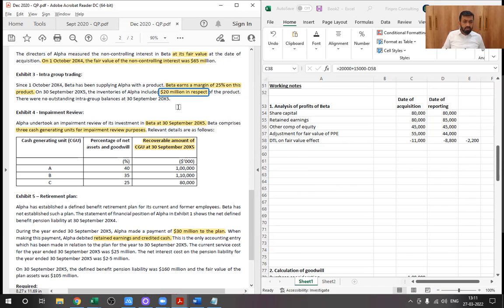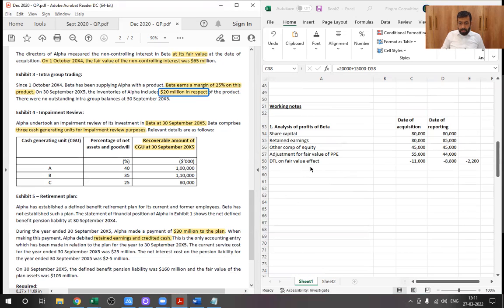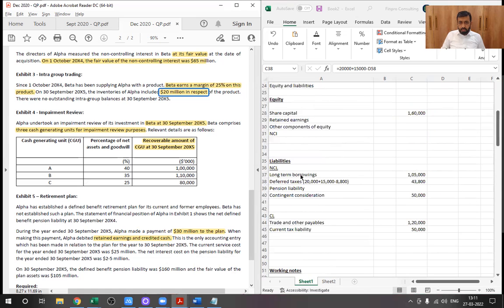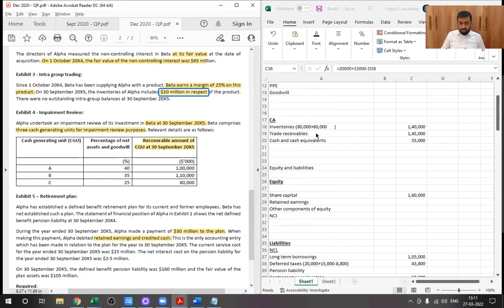What is that amount? 20 million divided by 125% will give you the 100% amount. What is that? 16,000, correct? So 4,000 is unrealized profit, correct? So 4,000 is unrealized profit. Reduce it from first inventories.